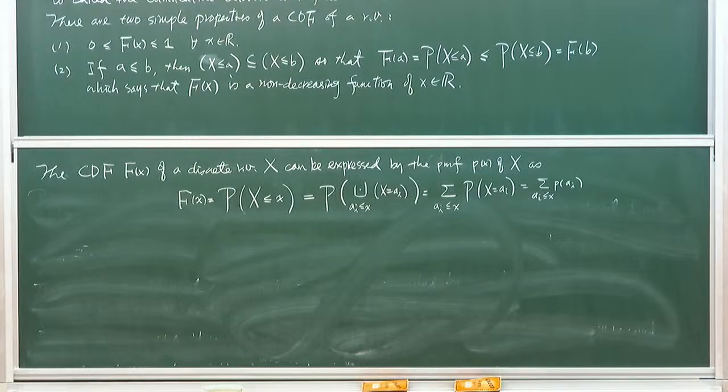So it has a jump of this size p a1, and it goes to here, and it has a jump here, goes to there, has a jump. So this jump is p a1, this jump is p a2, this jump is p a3, this jump is p a4, this jump is p a5, etc.